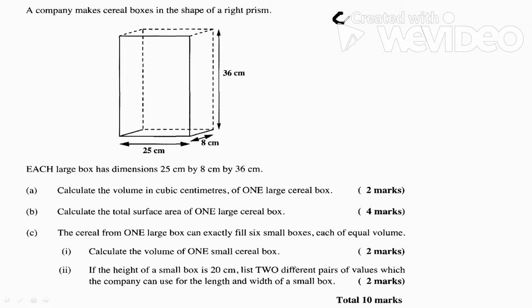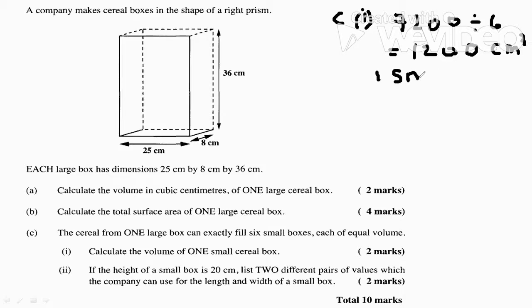So part C, part 1, 7,200 divided by 6, which is how much? 1,200. It's volume, not true? So it's still centimeter cubed. And this is the volume for one small box.